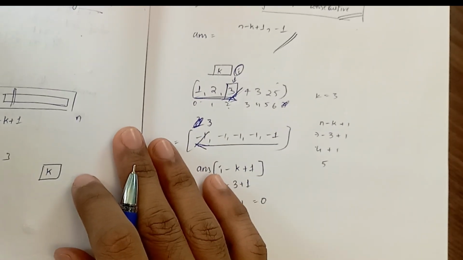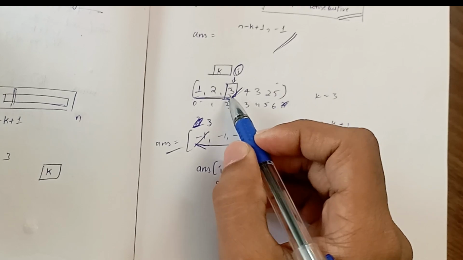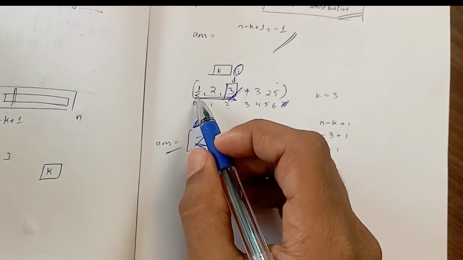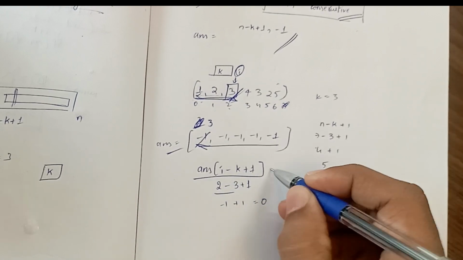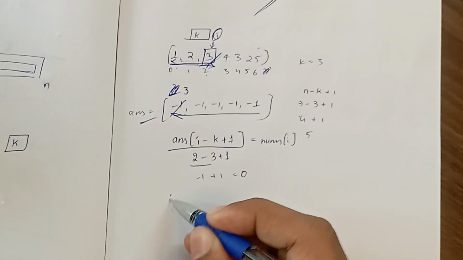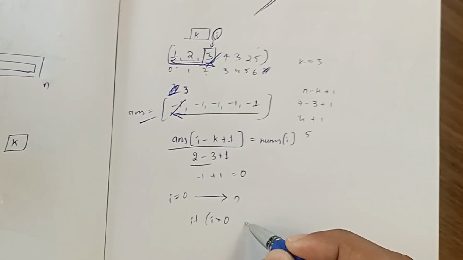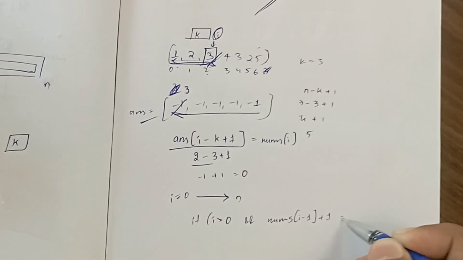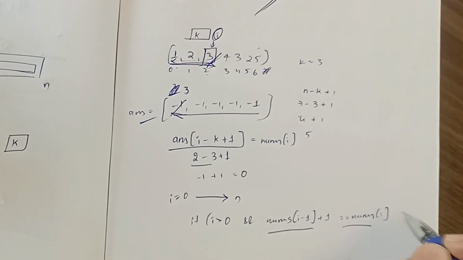In this way, if all the previous elements are ascending and consecutive, we make answer of i minus k plus 1 equal to nums of i. So we iterate from i equal to 0 to n, and if i is greater than 0 and nums of i minus 1 plus 1 is equal to nums of i, we are checking if the previous element plus 1 is equal to the present element.